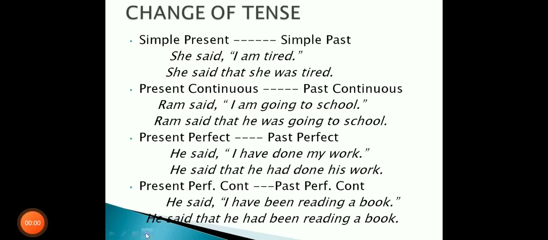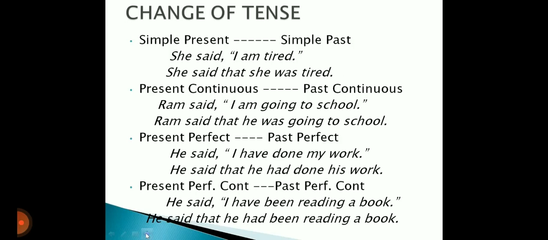Apart from these, there are also many rules for changing direct speech into indirect speech, like always end the sentence with a full stop, and remove all the inverted commas and quotation marks. The tense of the verbs inside the quotation marks should be changed.